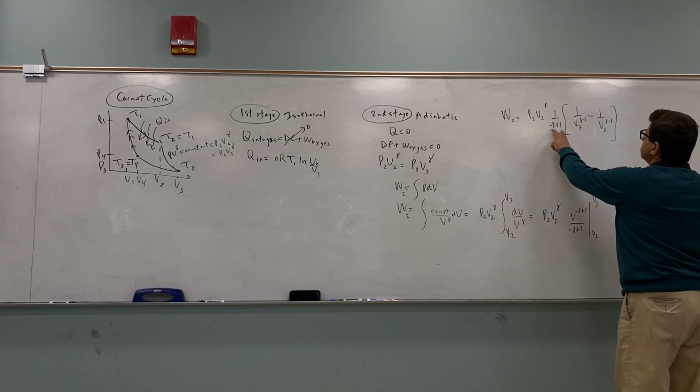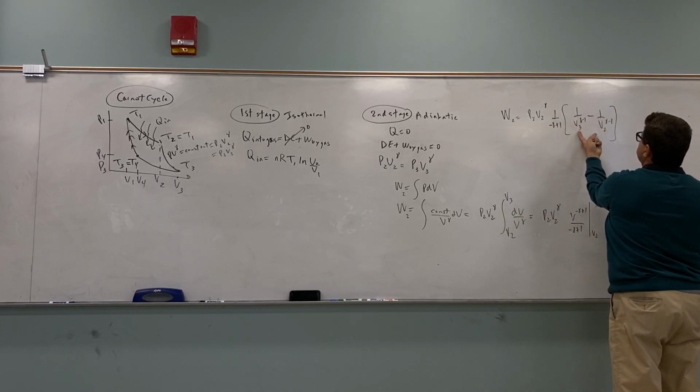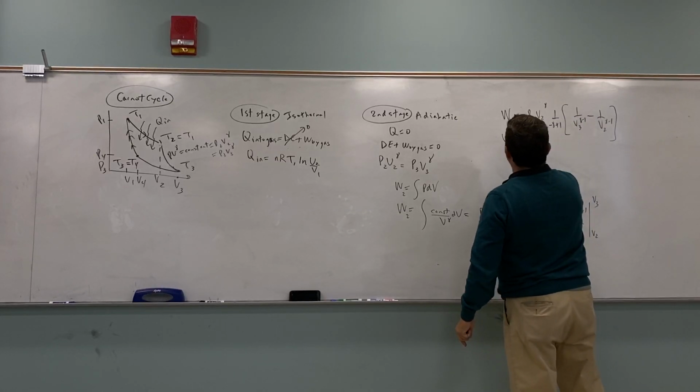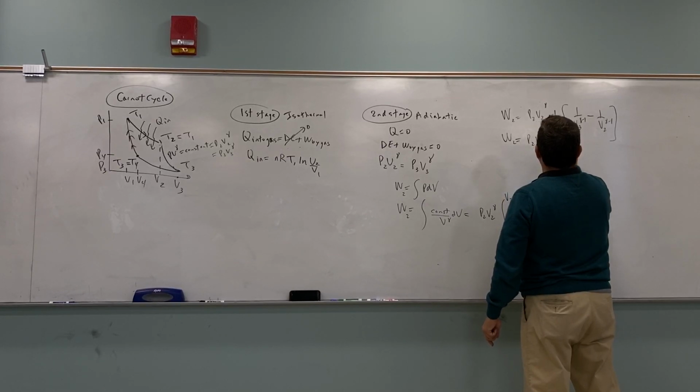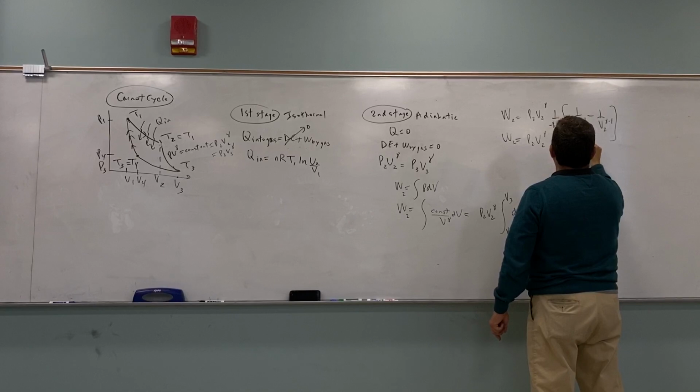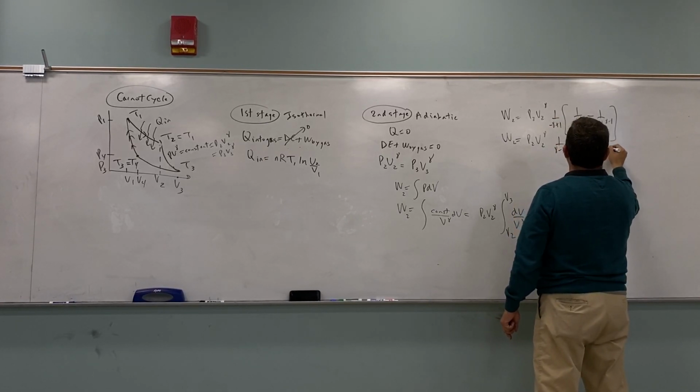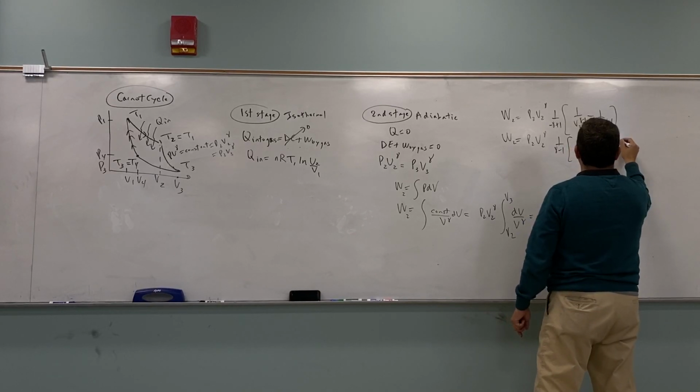And then I could switch the order of this and switch the order of that. So I'll have W2 is P2 V2 to the gamma times 1 over gamma minus 1, times 1 over V2 to the gamma minus 1, minus 1 over V3 to the gamma minus 1.